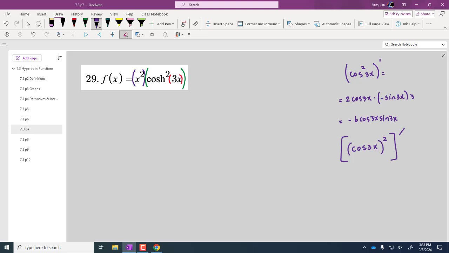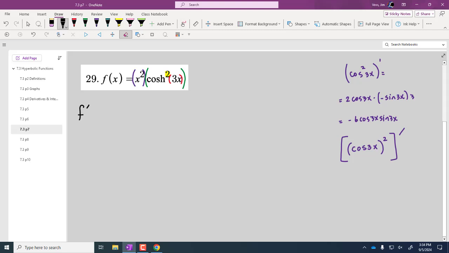Then you see that we've got a power rule happening. The 2 comes down. We subtract 1, so we get 2 cosine 3x to the 1. But then we have to differentiate cosine of 3x, and we get the negative sine 3x times 3. So it's really easy to blow it when we use this abbreviated notation, when we really mean that thing is on the far outside. That's an outer power.